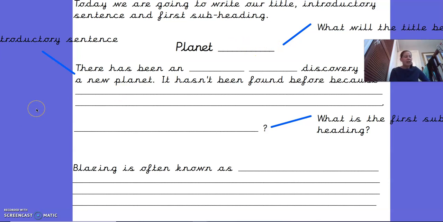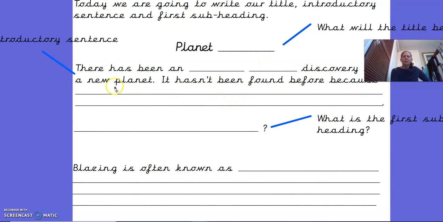Then we're going to have a look at our introductory sentence. Now we've written a little bit out on here so you can always pause the video so that you can copy this and add in your own bits of information. So the introductory sentence would go underneath our title. It says, there has been an, and then we've got 2 blank spaces.